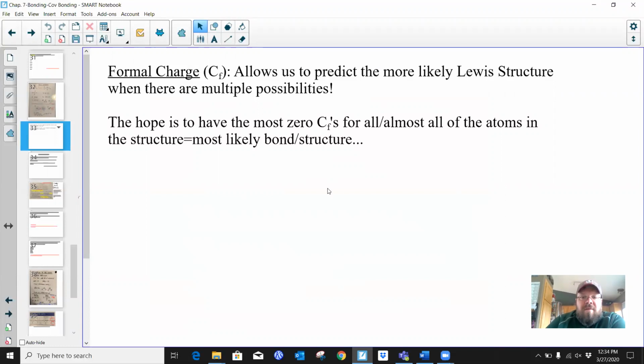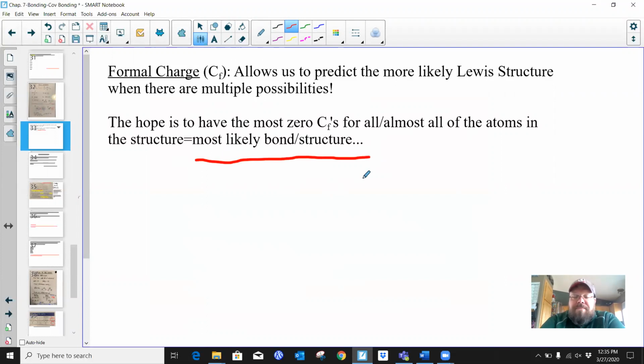And it says right here, the hope is to have the most zero formal charges for all or almost all of the atoms in the structure. That's going to point us to the most likely structure of the options that we're creating or given.